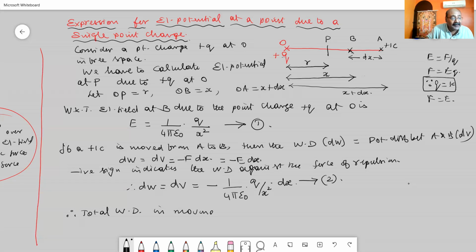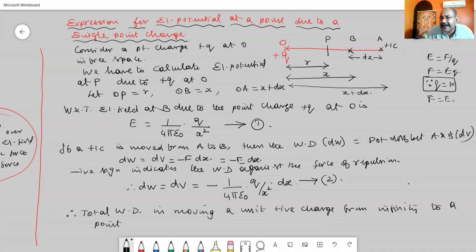Total work done in moving a unit positive charge from infinity, because potential at a point is defined as the work done in moving a unit positive charge from infinity to a point. At what point do I have to calculate the electrical potential?